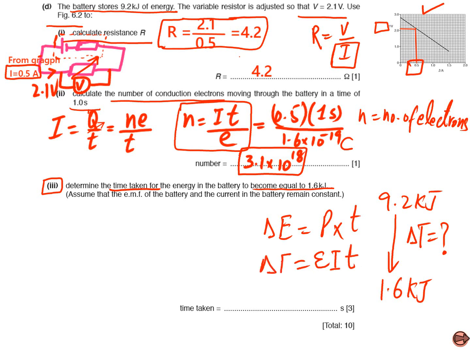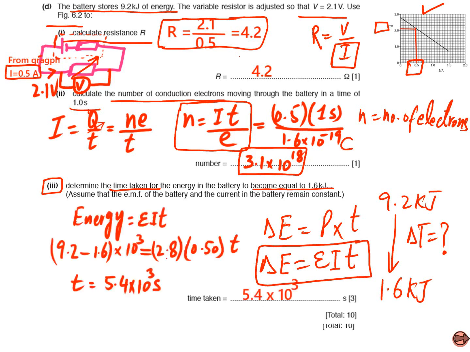So this is delta E, and then we can find the value of T. Here we can see we have this basic formula, and then we just plug in values, and if we solve this, we will get this answer, and this is the value of time taken, in seconds.